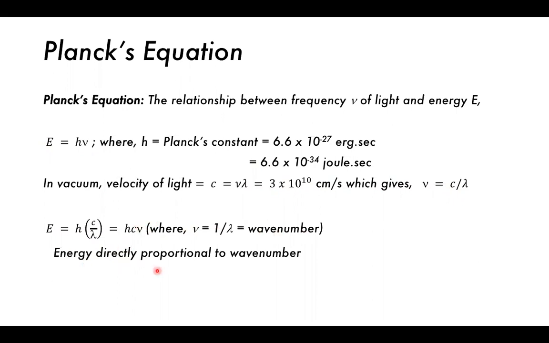This means that energy is directly proportional to wave number. So wave number, frequency, and wavelength can all be interrelated according to Planck's relationship. A very, very important equation, this one and this form here as well. They are worth remembering.